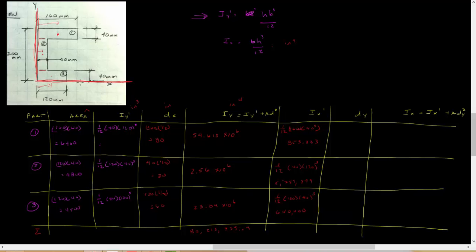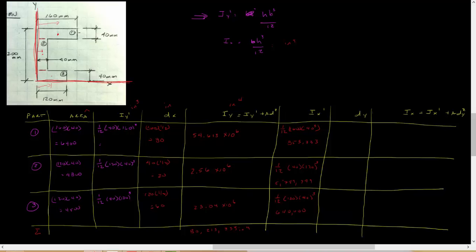Now dy. This is what I was talking about earlier. I'm coming from my x-axis down here to the center of part 1. So I'm going up 200 to the top, and then I come down half of that height, which is 20.